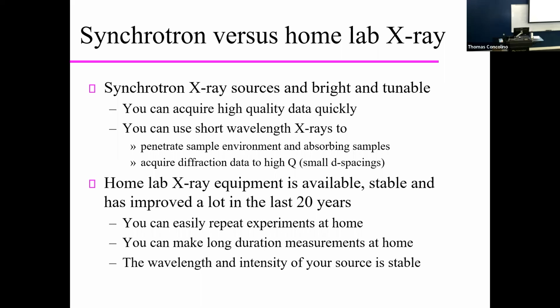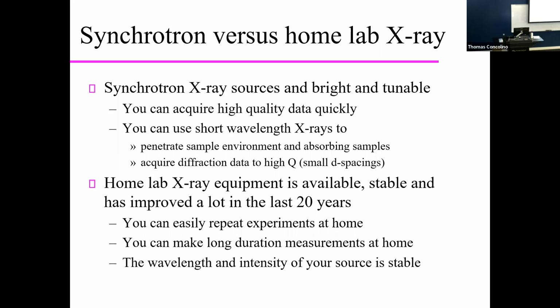Several big downsides. You have to travel, you get very limited beam time. If your experiment doesn't work out, you may have to wait 6 months. You may never get another opportunity to repeat that measurement. Whereas if you can do things in your home lab, if you have a well-equipped lab like we do now, you can repeat experiments more or less at your leisure. You can make measurements over extended periods of time.